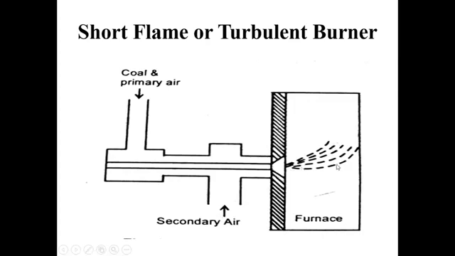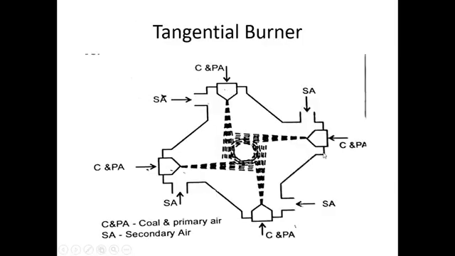That will try to reduce the size of the flame, but it will increase the turbulence as it is supplied from both sides, or you can say surrounding the nozzle. The secondary air will increase the turbulence in the furnace, which will increase the combustion rate and also ensure complete combustion.